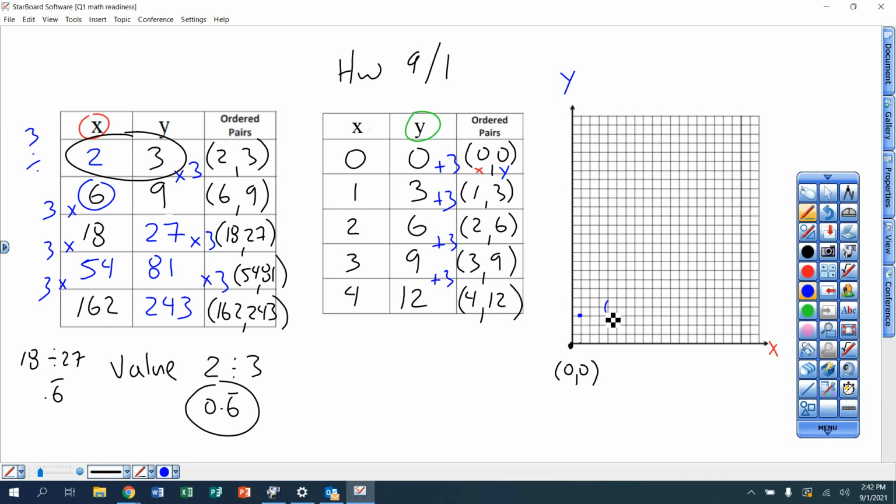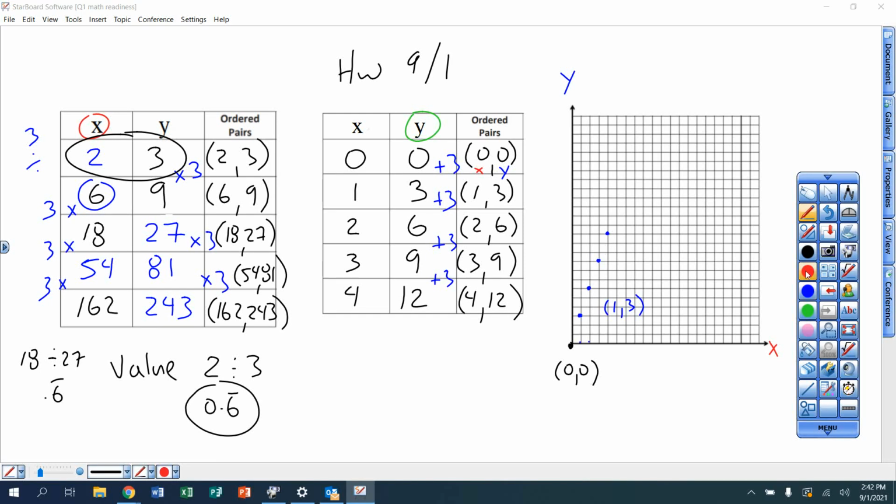That's the point 1, 3. Go over 2, up 6. Over 2 on the x-axis, up 6. Go over 3, up 9. Over 4, up to 12.